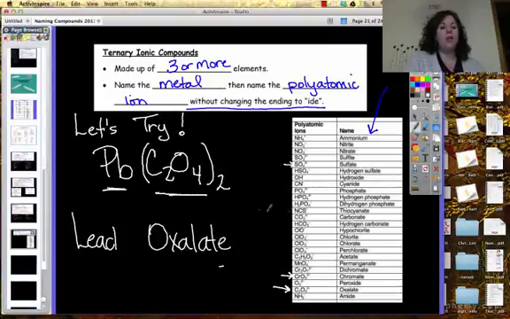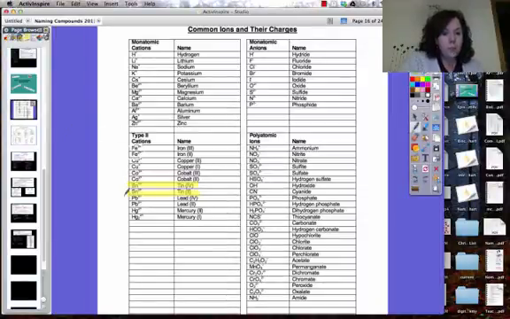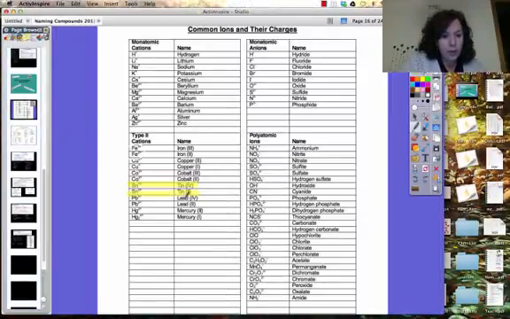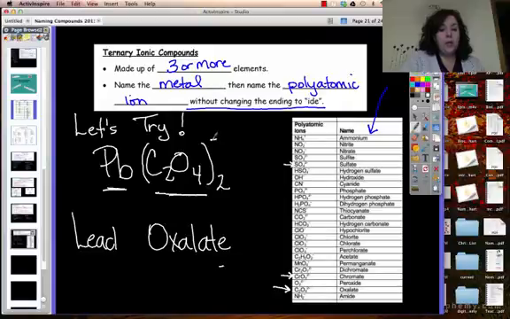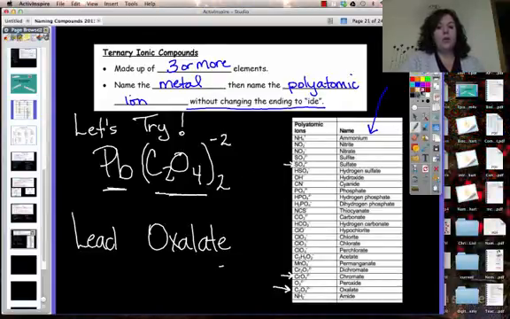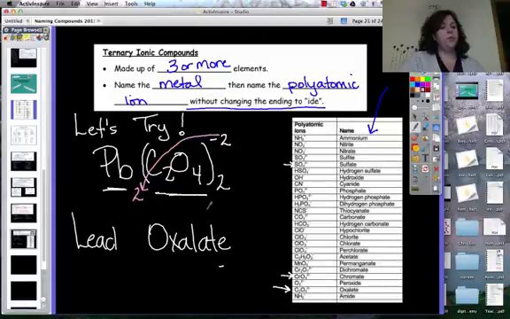Now, I have to figure out what the charge is on this lead because I know over here, lead's right down here, and it can be a +4 or a +2. Now, I know that this is a -2. So if I were to follow my rule and bring this down, that would be a 2.